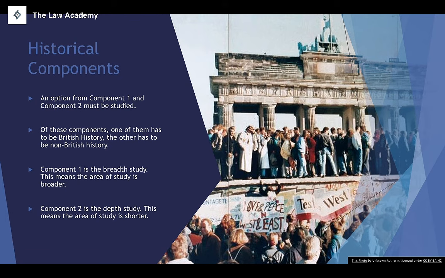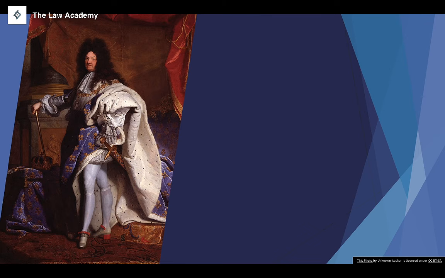This means that the area of study is much shorter, and you'll be studying this area in more depth. So just because you'll be studying a smaller range of history, a shorter period of history in component 2 than component 1, don't think that means that there is less that you're going to have to study, because you'll be studying it in more depth.